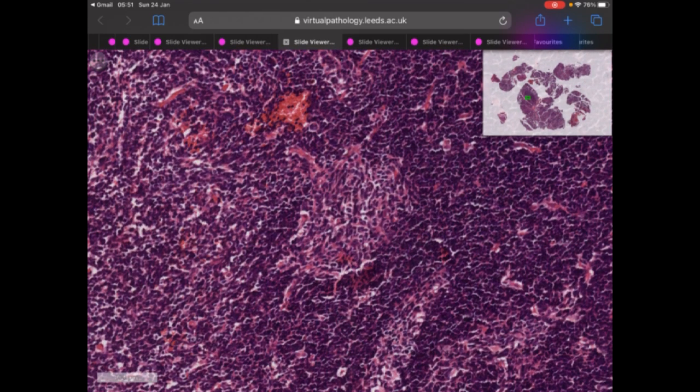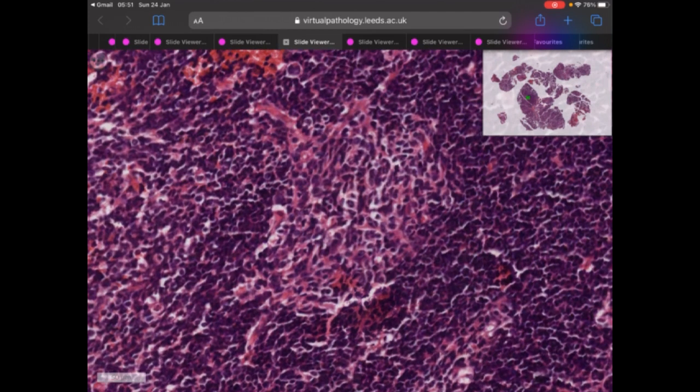All the slides show us similar features, depending on the variant of medulloblastoma. You can appreciate there is an area which shows neuronal differentiation. At the center is an area with neuronal differentiation.